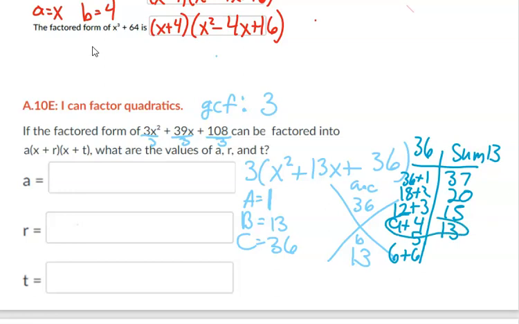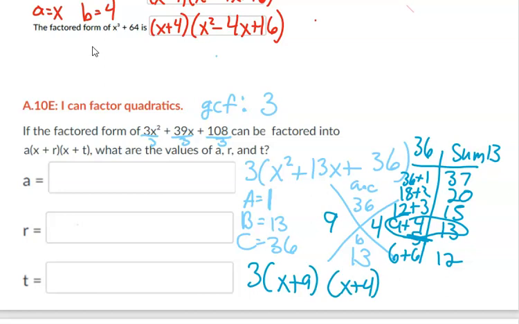That's what we want. If we divided it by 5, we would get a decimal, and 6 plus 6 is 12. So the only one that will work is 9 and 4. So our factors would be 3 parentheses x plus 9 times x plus 4.